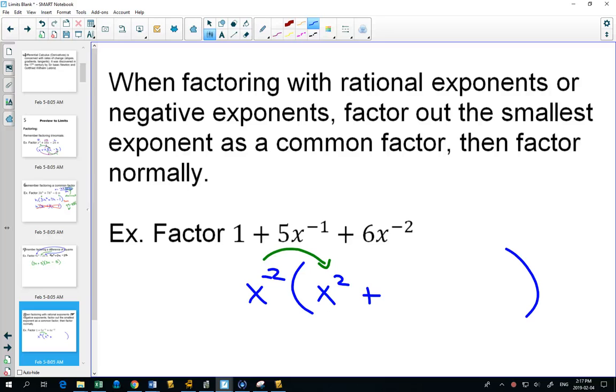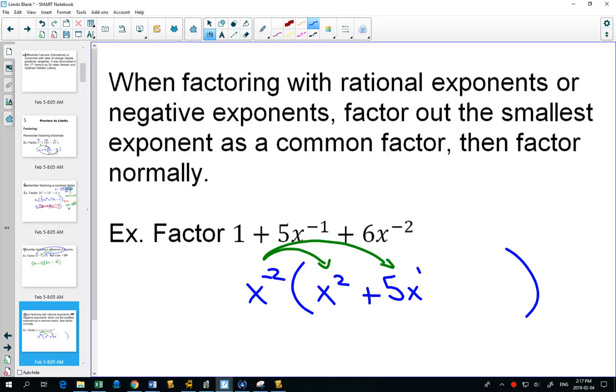And here, x to the negative 2 times what, use your exponent laws, would give me 5x to the negative 1. Well, it would have to be a 5, right? And I would have to have an x to the 1, so when my x to the negative 2 is there, we add our exponents and we get x to the negative 1.